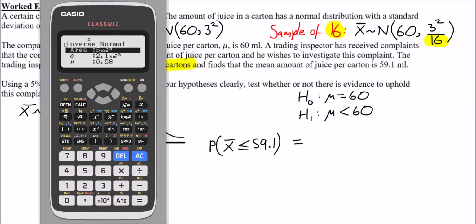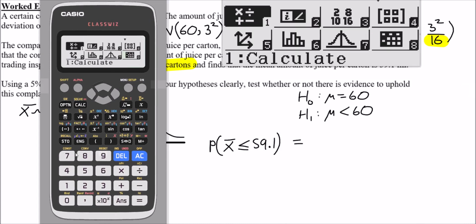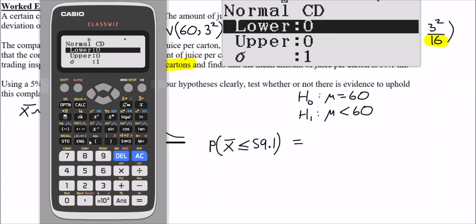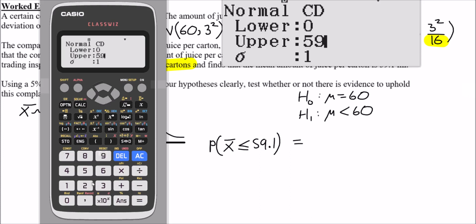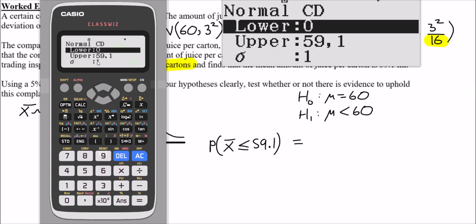So what we can do here is go into the correct mode, which I'll show you now. Press menu, then 7, we're wanting normal CD. So we want 59.1 or less to be calculated. Put the lower bound as something approaching negative infinity, at least 5 standard deviations below the mean.